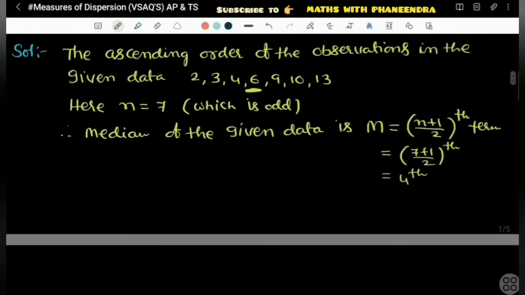Now, the 4th term in the ascending order series is the median, so capital M is equal to 6.